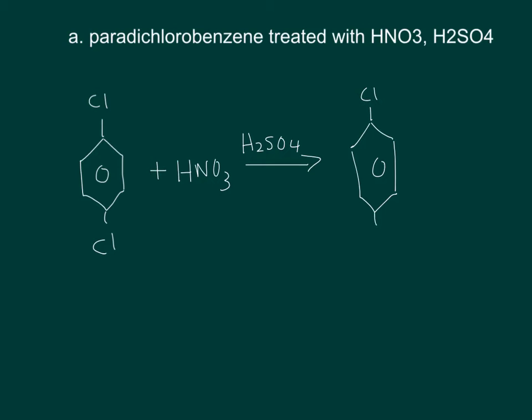Put those chlorines on para to each other. The combination of the nitric and sulfuric acid produces an electrophile that's a nitro group, NO2. That will go in the ring on any one of these empty carbons. And the byproduct of this reaction is water. So you can write that in if you want to.